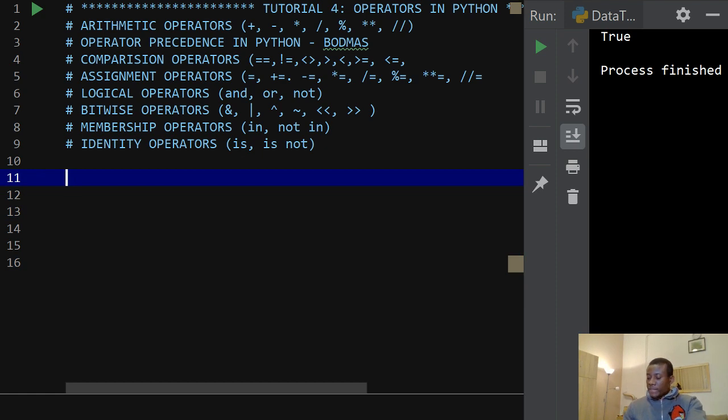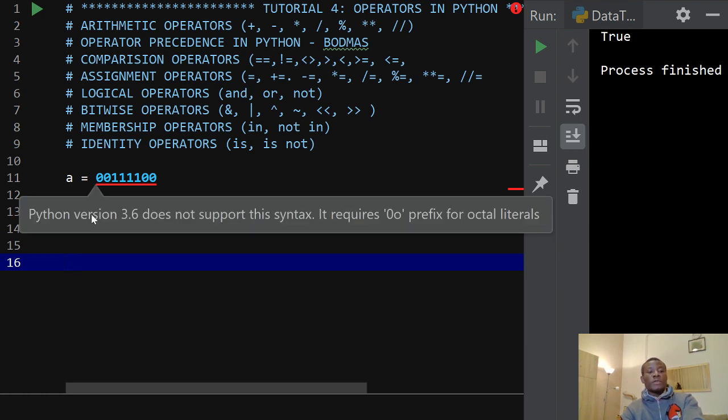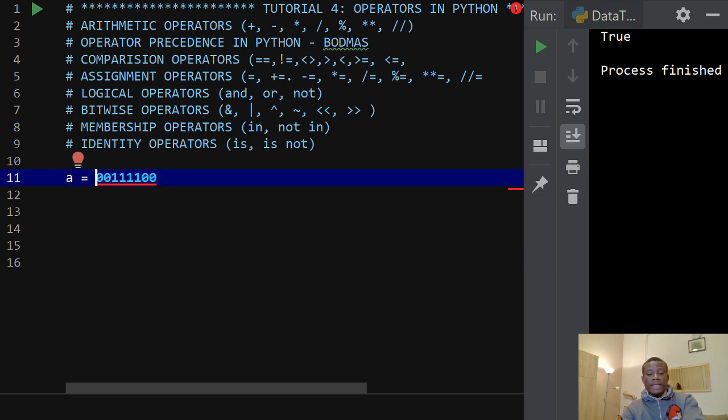If you have A is equal to, let's say, the binary number 0011 1100, it's going to give us an error, because to specify a binary number, you need to tell the compiler that this is a binary number and not just a number. So what you do is put 0B in front of it.